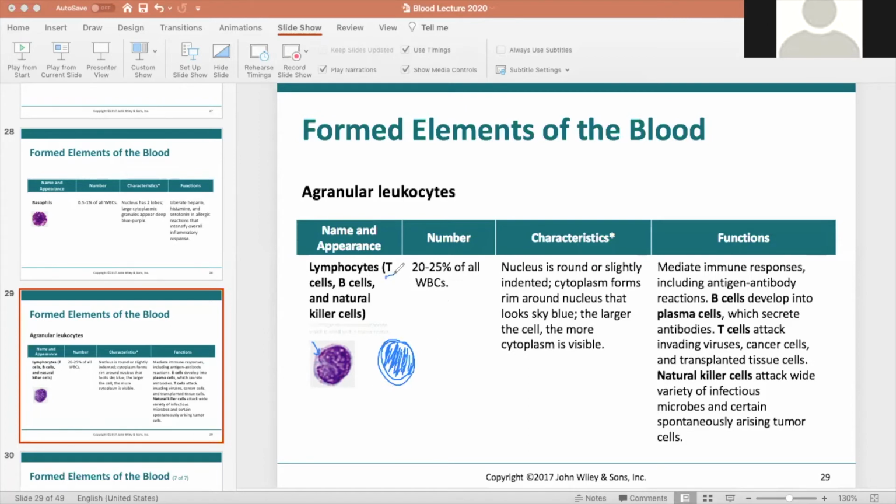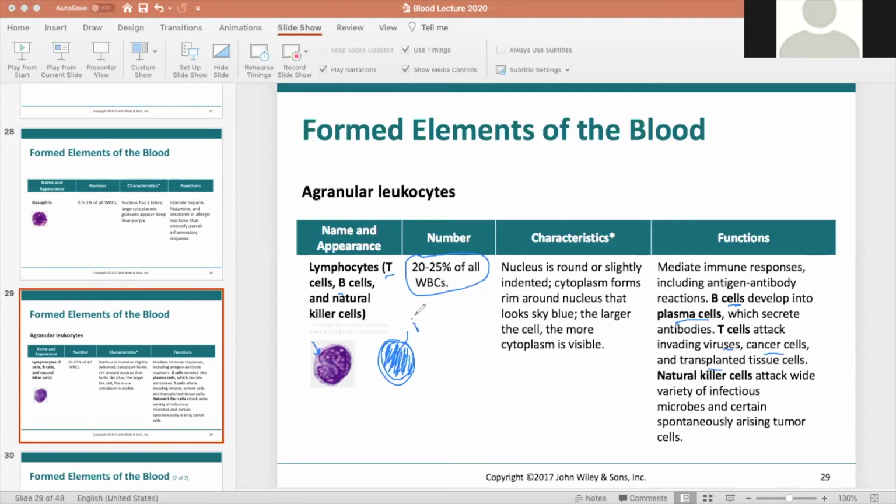We have T lymphocytes and B lymphocytes, and these cells make up about 20 to 25% of all white blood cells. The B cells are going to develop into what we call plasma cells, but the T cells are going to be important for invading viruses and cancers and things like that.